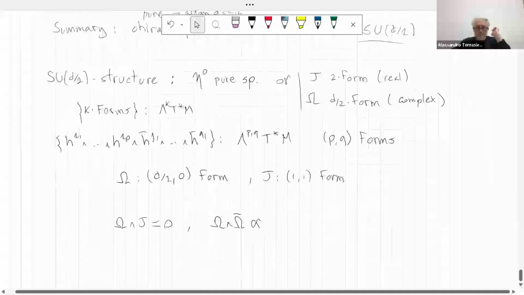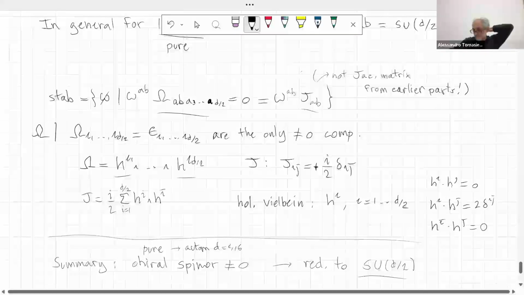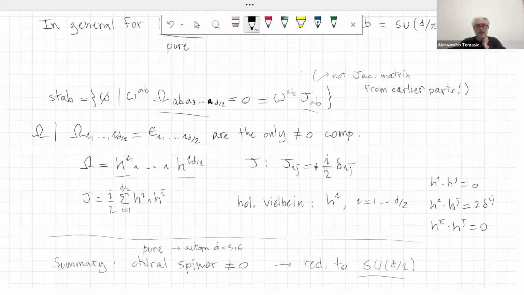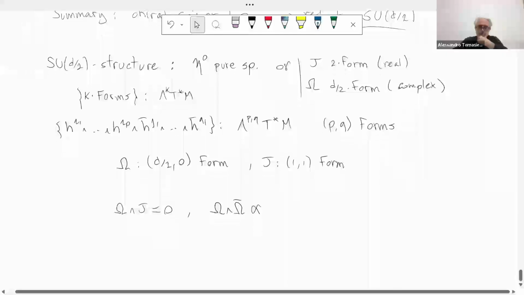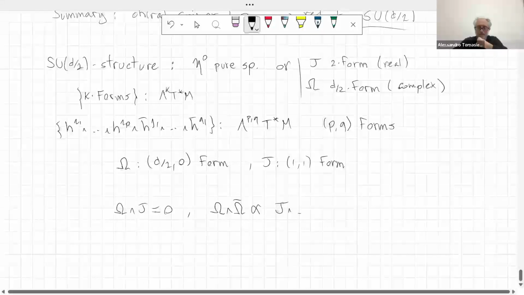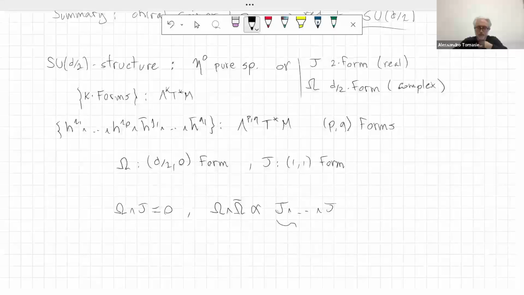So if you take the exterior product of this with itself, for example, this is H1, H1 bar plus H2, H2 bar, and so on. If you take the wedge product with itself, it will keep being non-zero until you take the wedge product with itself d over 2 times.